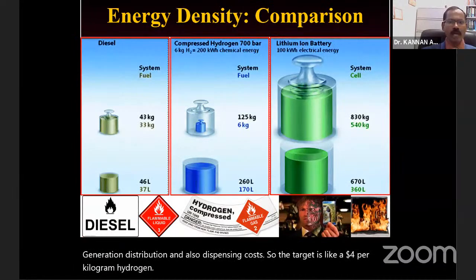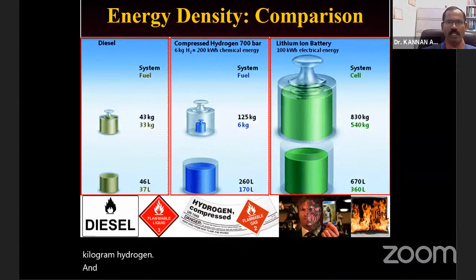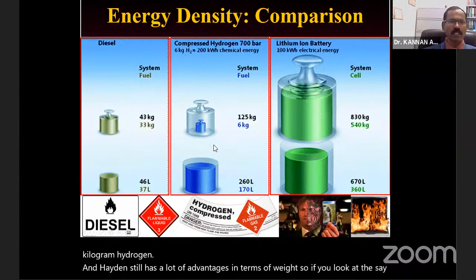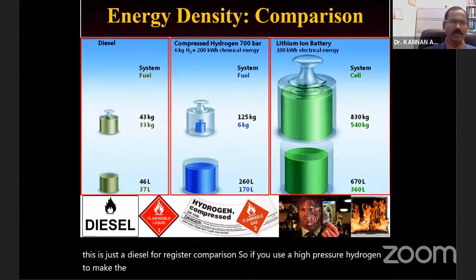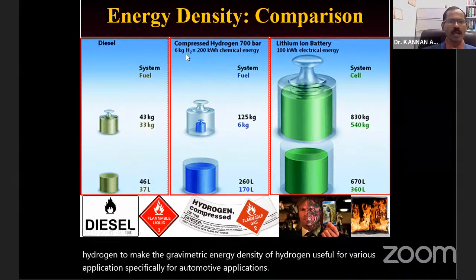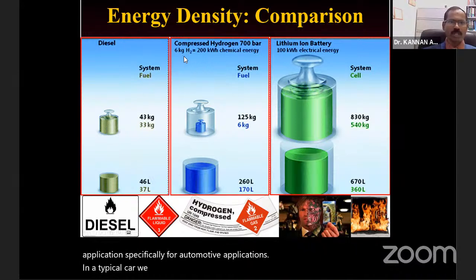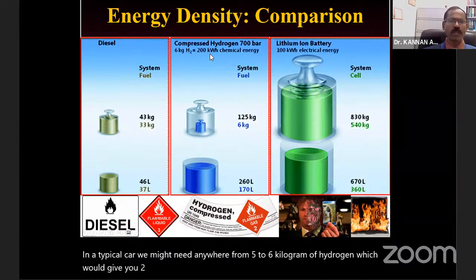And hydrogen still has a lot of advantages in terms of weight. This is just diesel for a comparison. If you use high pressure hydrogen to make the gravimetric energy density of hydrogen useful for various applications, specifically for automotive applications, in a typical car we might need anywhere from 5 to 6 kilogram of hydrogen, which would give you 200 kilowatt hour, which is huge.